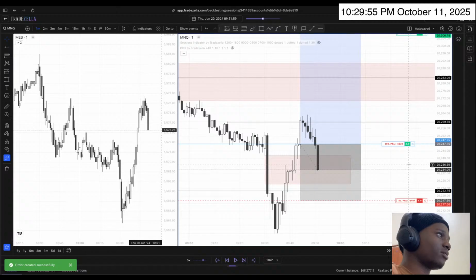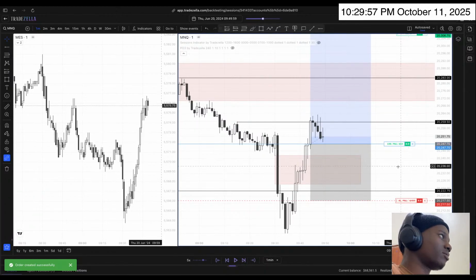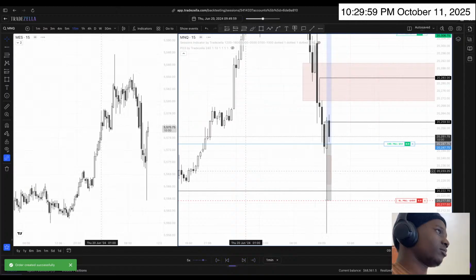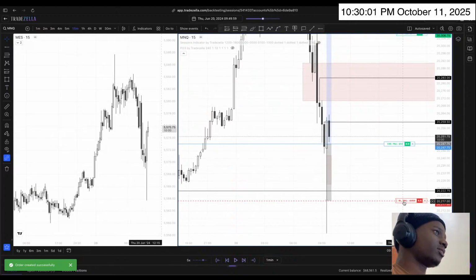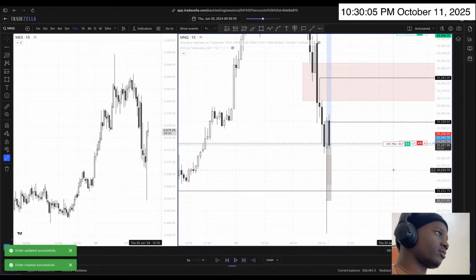See, right there is where the first stop down. Going to check the 15, you can see that we're rejecting. That will be here, and I'll get killed. Wait a minute, I thought my stop loss was set.